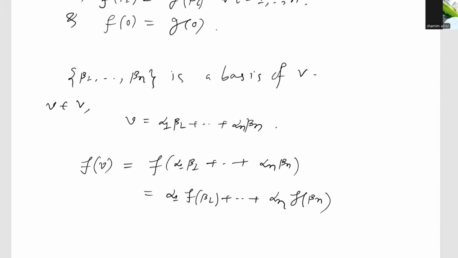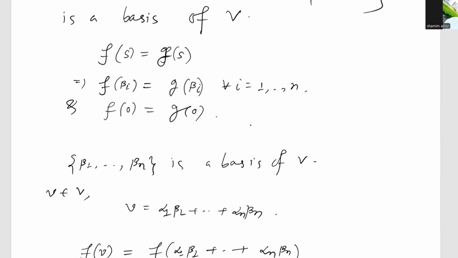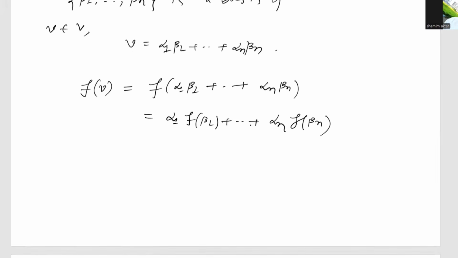Now using star, this is equal to alpha 1 g of beta 1 plus dot dot plus alpha n g of beta n from star.